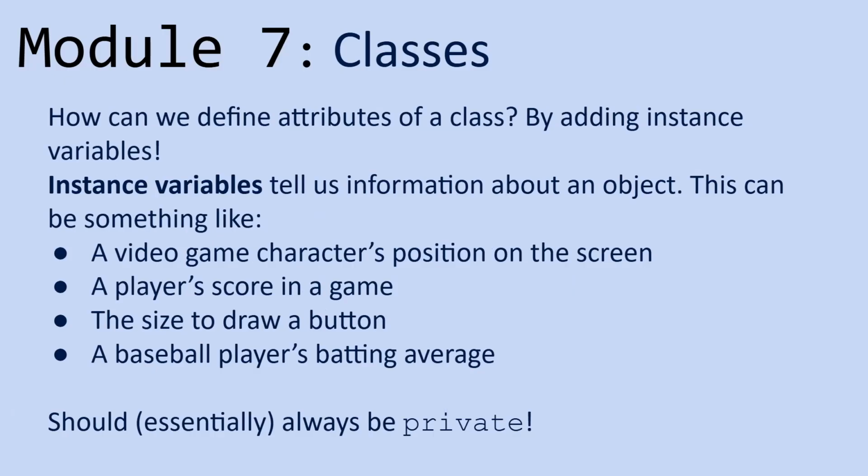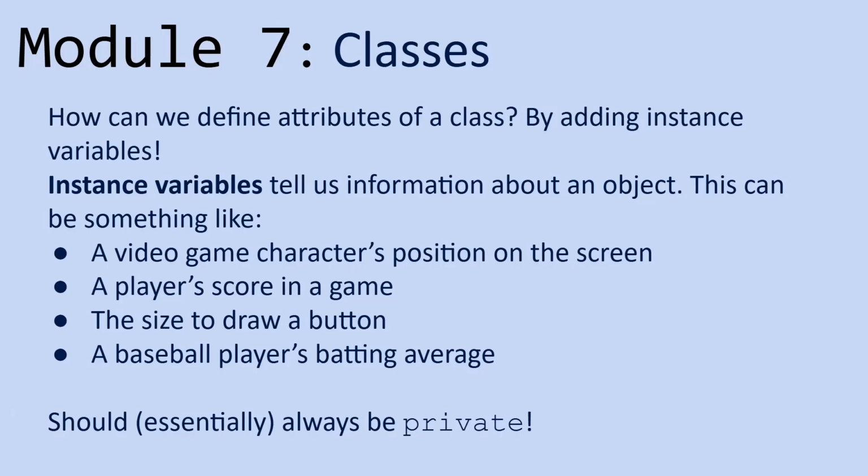And so next, how can we define attributes of a class? Well, we've been talking about instance variables a lot, but we add instance variables to say, okay, here's a new attribute that all objects of this class have. So instance variables just tell us information about the object. So I mentioned earlier a video game character's position on the screen, or a player's score in the game. If we have a player class, we want to keep track of their score, right?